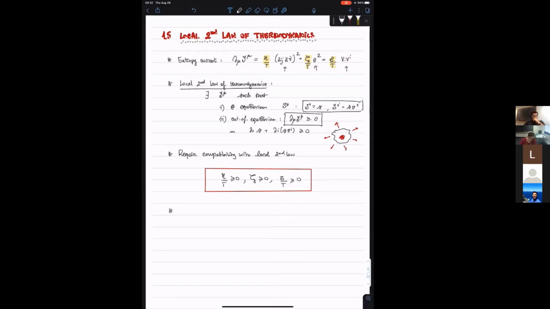And if you go at higher order in derivatives, there will be other transport coefficients.